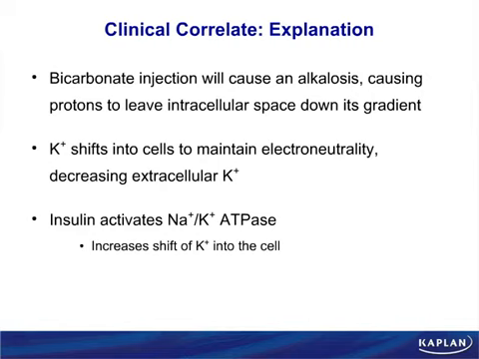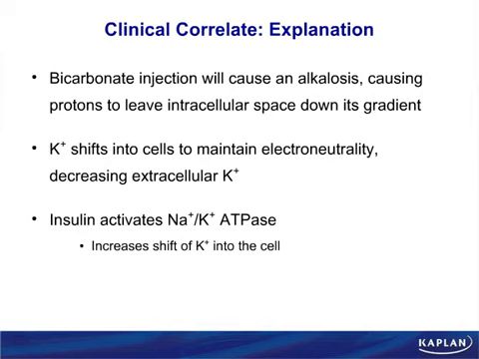Insulin helps because insulin activates the sodium-potassium ATPase. So that will move potassium into cells. So we also give insulin to activate the sodium-potassium ATPase, and that will also shift potassium into the intracellular space.